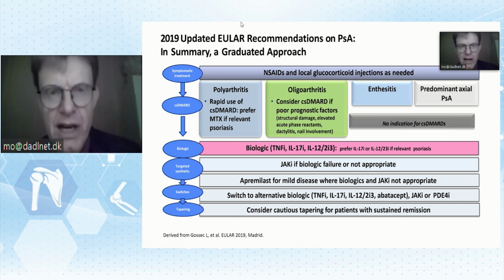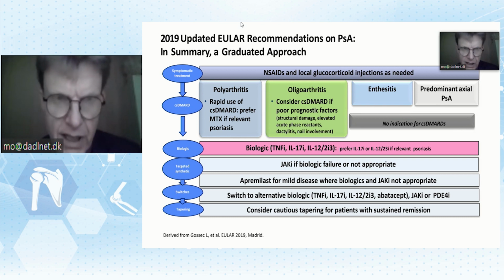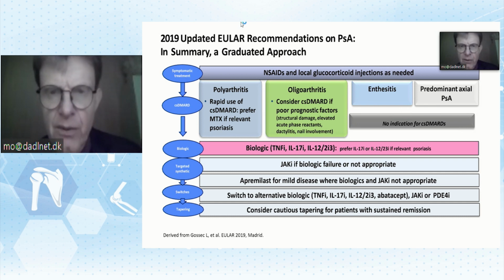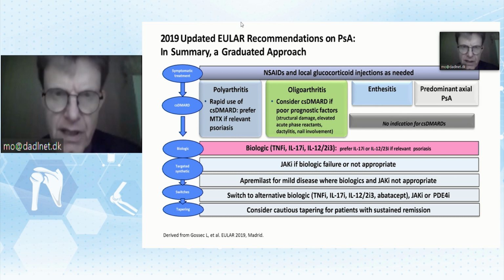And as a next step, you would turn to the biologics, where all three treatments are considered equal regarding the joint manifestations, while the dermatological data show an even higher clearance of psoriasis with IL-17 and IL-12/23 inhibitors.